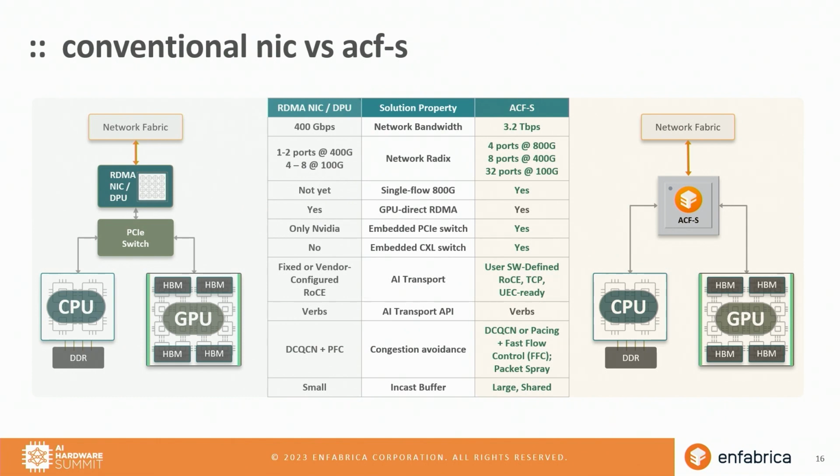If we compare a conventional NIC to an ACFS, on network bandwidth and on network radix, it's a significant 8x improvement. The ACFS can natively support 800 gig flows directly from the GPU to the network, and it incorporates embedded PCIe and CXL switching.